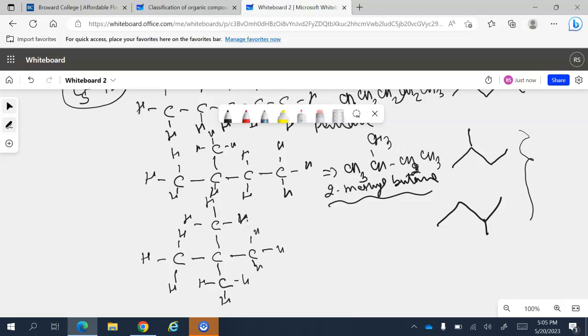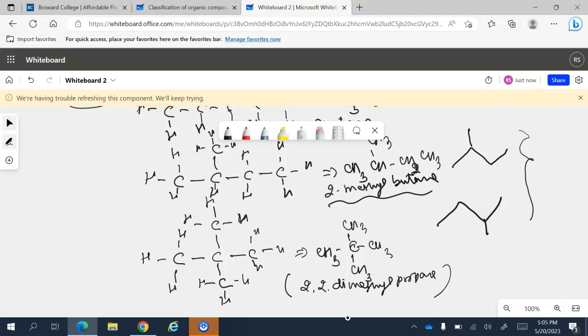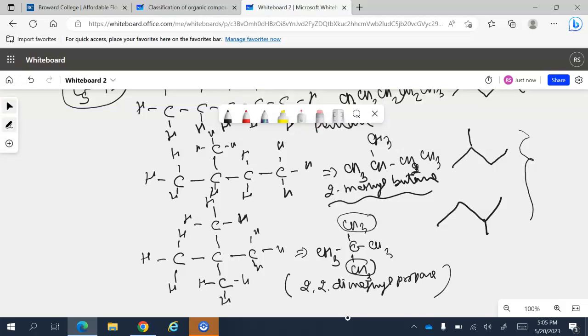If you look at the condensed formula, it will go like CH3, C, CH3, CH3, CH3. So this will be 2,2-dimethylpropane as the IUPAC name. Carbon number 2 has 2 methyl groups, therefore 2,2-dimethylpropane.